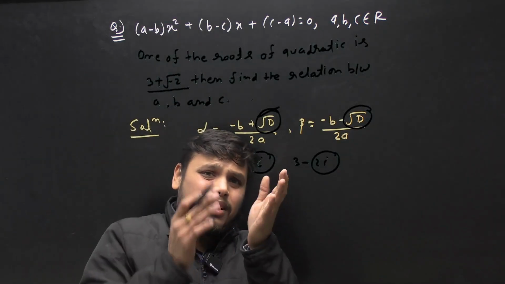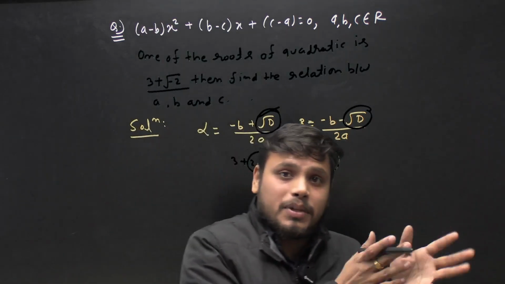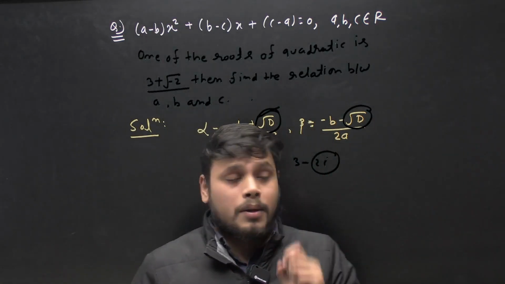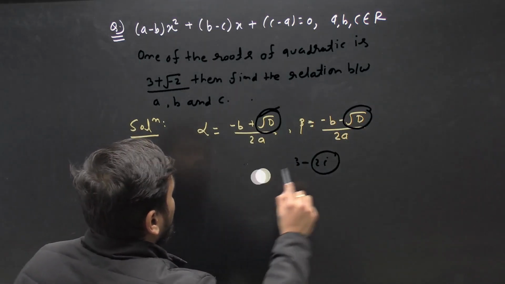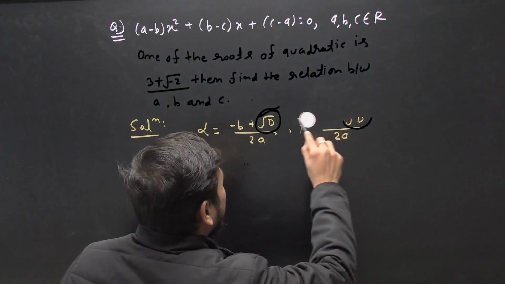One time it is added and one time it is subtracted, so that's why the roots always appear in a conjugate pair.